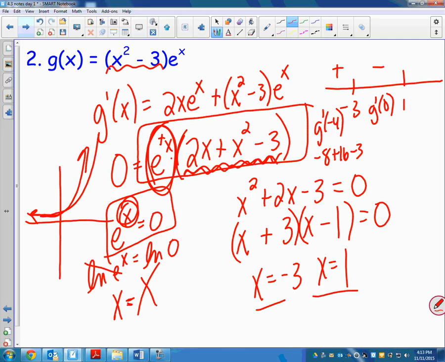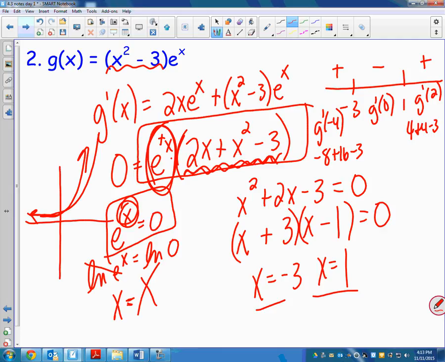People want to assume things, and they want to say that for sure after 1 it is going to be positive. And I'm not saying it's not going to be, but remember that it doesn't have to be a max or a min. So you always want to check on this. So I'm going to plug in 2, and I would get 4 plus 4 minus 3, which is a positive number.